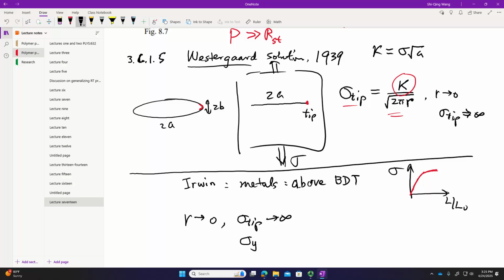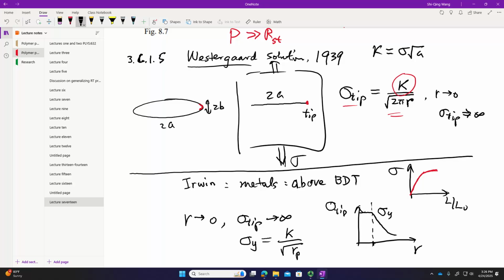Meaning, instead of stress building up to infinity, which is unphysical, it will build up to a length scale where, I'm going to ignore the 2 pi's, if we plot now the tip stress as a function of R, instead of diverging, I know I'm drawing it poorly, but basically a square root divergence is pretty sharp. Instead of diverging, he would say it will stop at this yield stress.